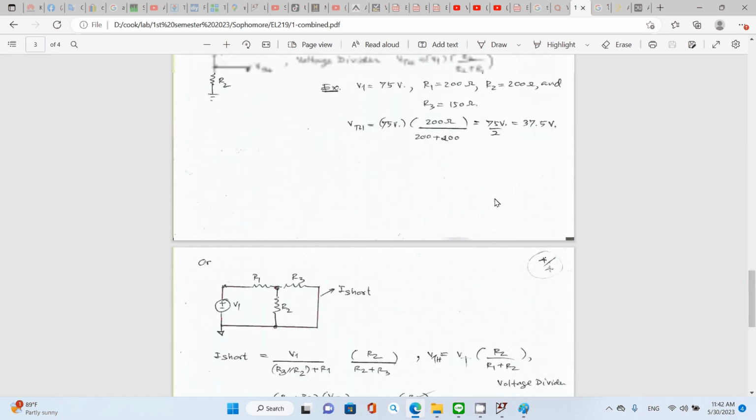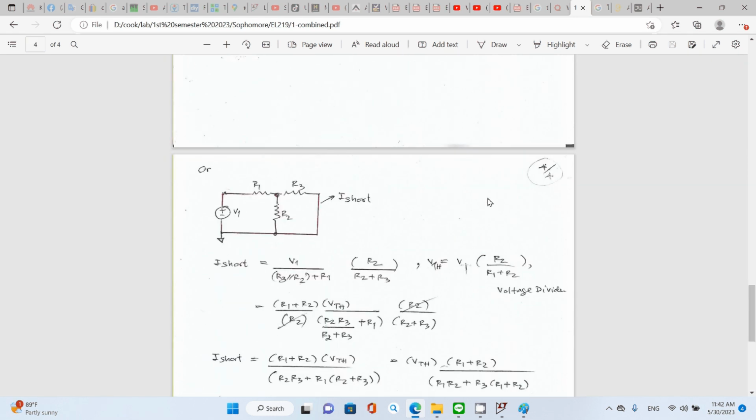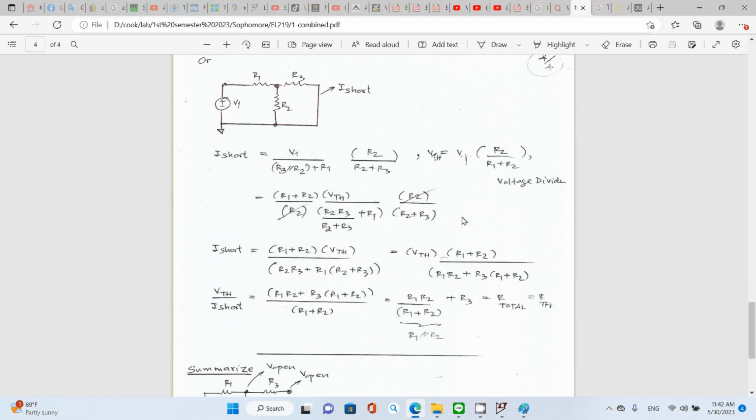So in conclusion, the other way to do the calculation for RTH and VTH, especially for RTH, is you simply look for VTH, or V open, divided by I short, which is the current flowing through R3. That's in practice: you measure your VTH and you measure your I short. Thus, you end up with your RTH.